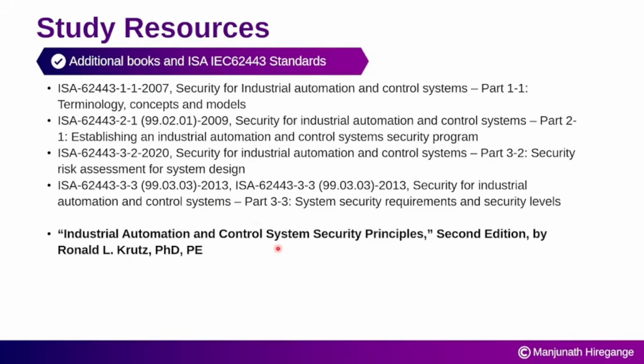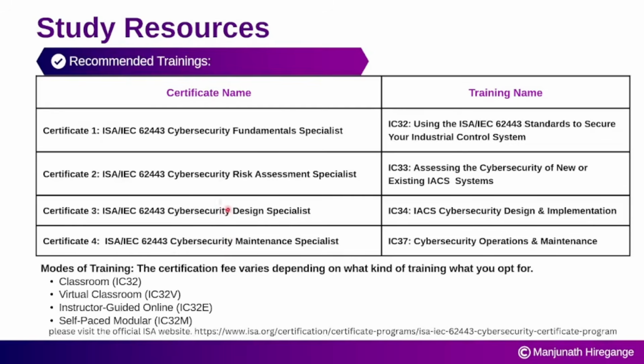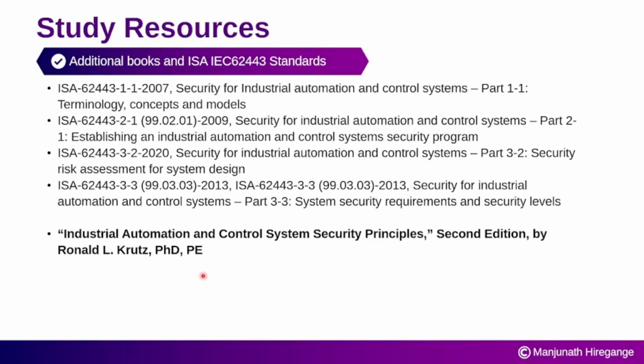When you purchase a training, it may include the PDF copies of the standards as well as this book, but that depends on the mode of training that you opt for. For example, if you opt for self-paced modular, you might not get the PDFs and need to purchase them separately. But if you opt for virtual classroom or classroom, I think by default you will get all these standards along with that Ronald Krutz book, right?